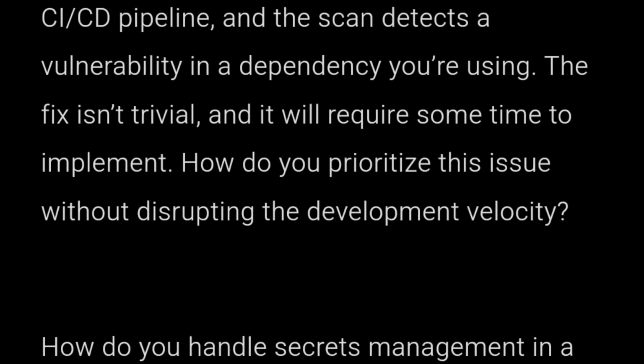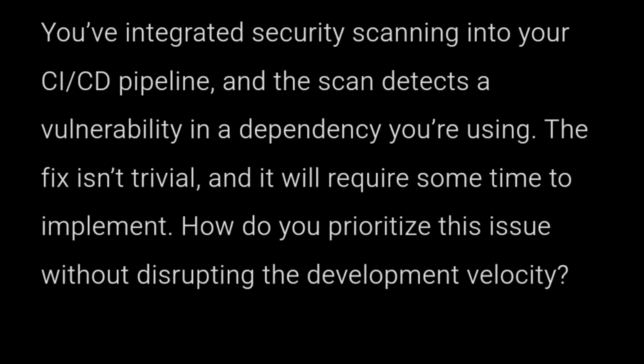Basically it's not a tool, it's a sequence of steps to be followed. First of all, we need to assess the severity of the vulnerability. There is a CVSS score, the Common Vulnerability Scoring System, which tells the severity of the vulnerability.